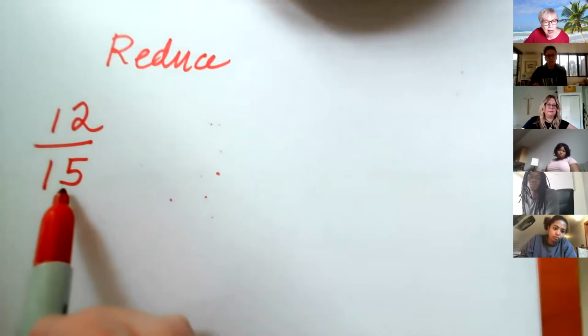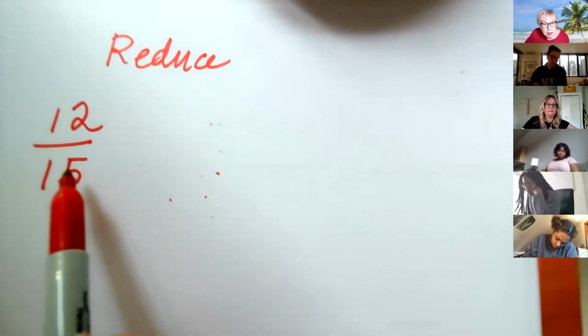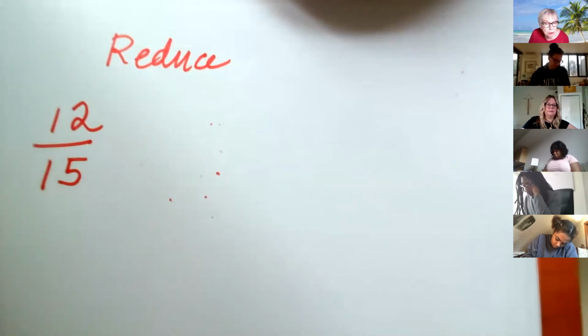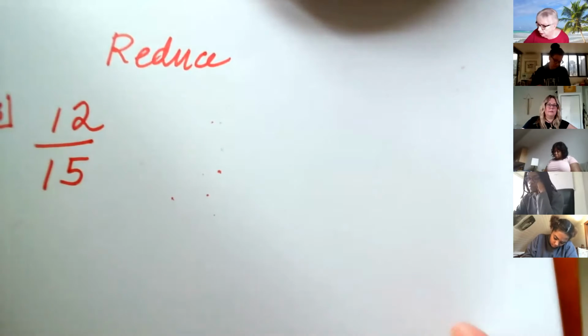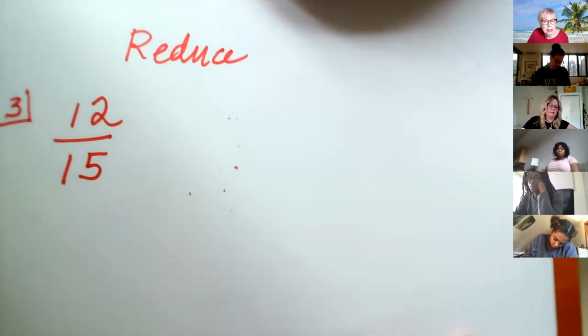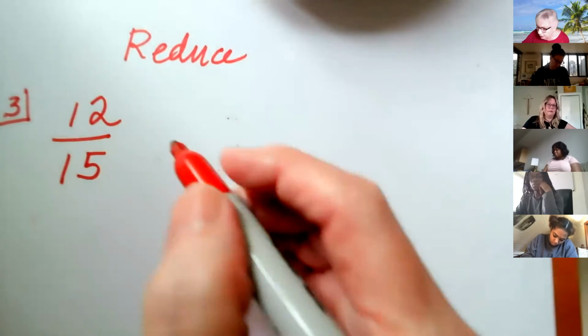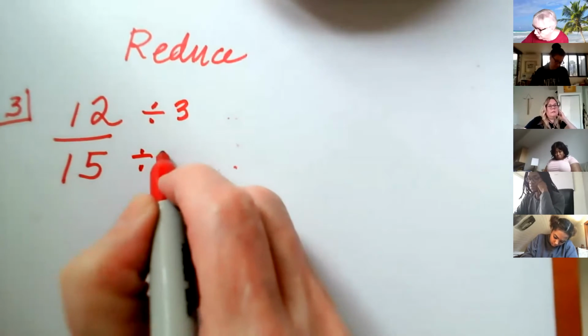They both have factors of 3. And remember, 15 is 3 by 5, and 12 we did earlier was 2 times 2 times 3. They both have a factor of 3. So if I decide to divide everything by 3, this is one approach. And so in your head, you probably don't write this, but you're saying to yourself, I'm going to divide both of them by 3.